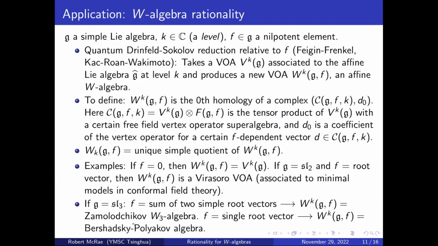And there you get the Zamolodchikov W3 algebra. And then you get these Bershadsky-Polyakov algebras if you take F to be just a single root vector of SL3. So all of these simple examples have been known in the physics literature for quite a while.